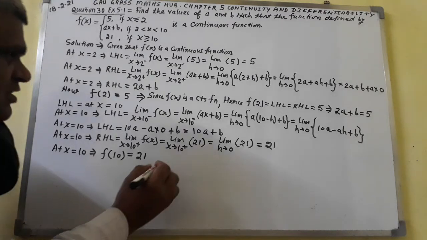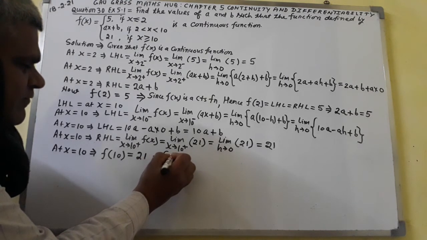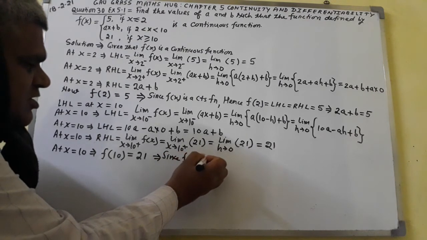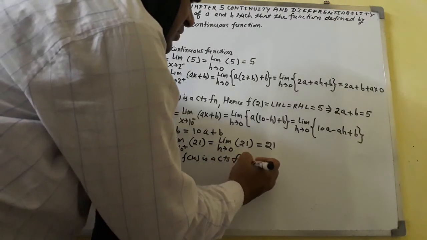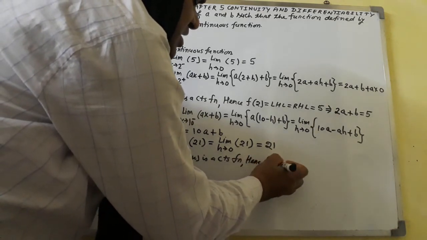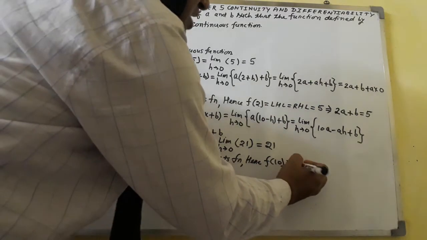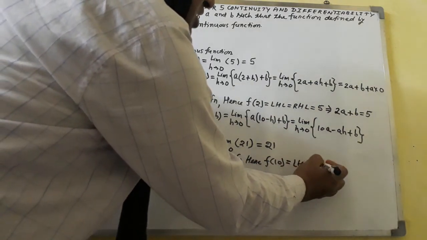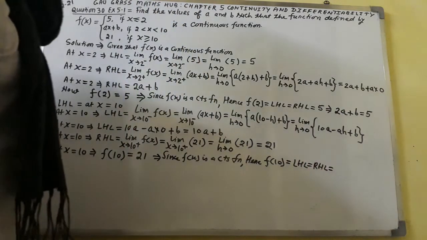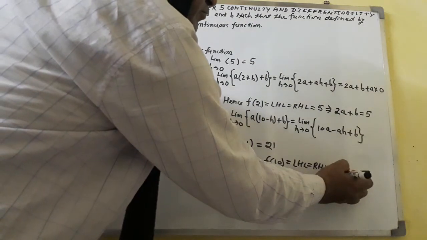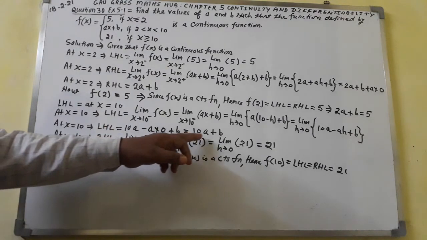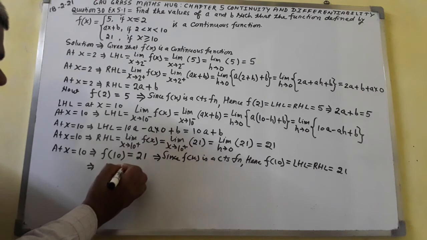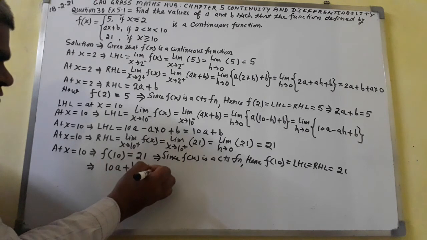Since f of x is a continuous function, f of 10 equals the left hand limit equals the right hand limit equals 21. So the left hand limit 10a plus b comes out to 21.